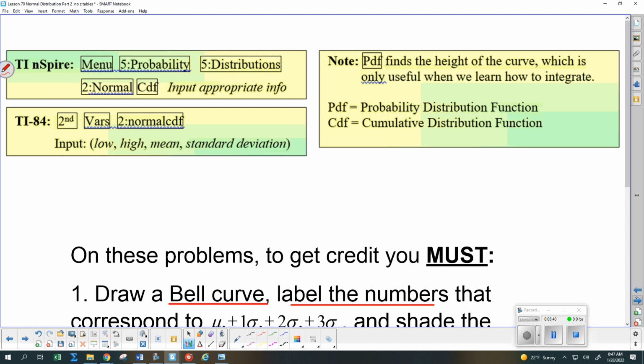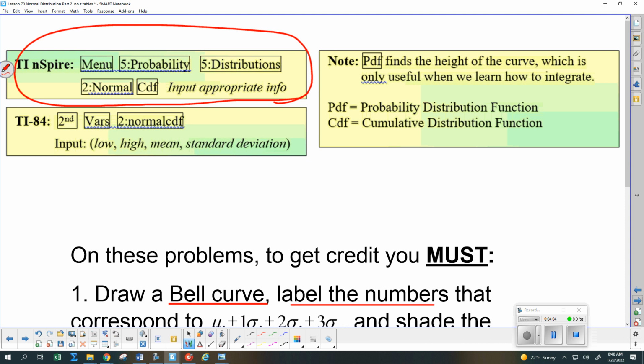We are going to strictly use the calculators to do these. I am not going to give you credit if you do the z-scores the way it's done in the book. So pay attention to the notes on this handout and to what I'm saying. On the Inspire, it's going to be menu 5, 5, 2.